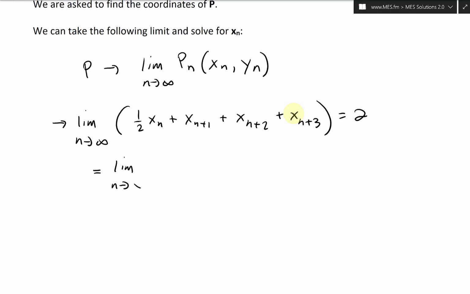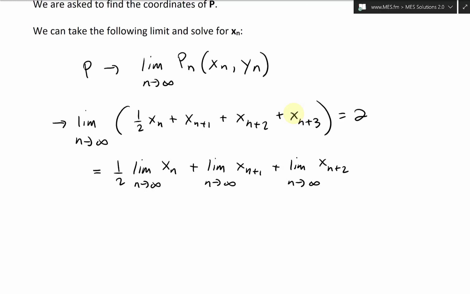I'll take the 1/2 out: 1/2 times the limit as n approaches infinity of xn, plus the limit of xn+1, plus the limit of xn+2, plus the limit of xn+3, and all of this equals 2.